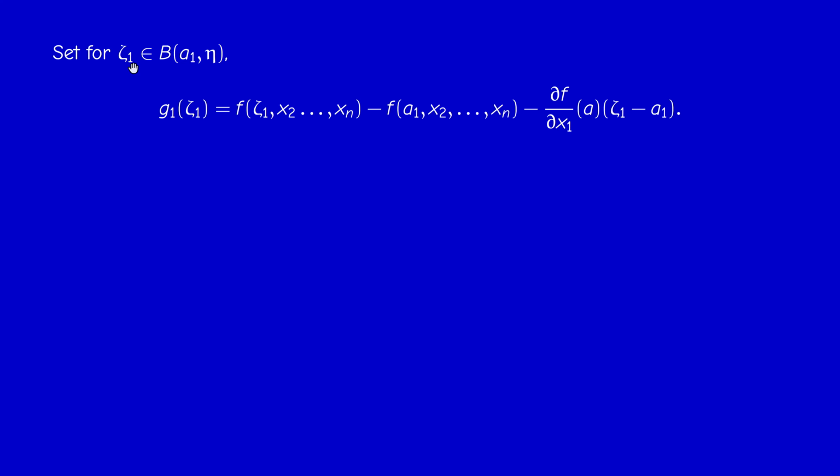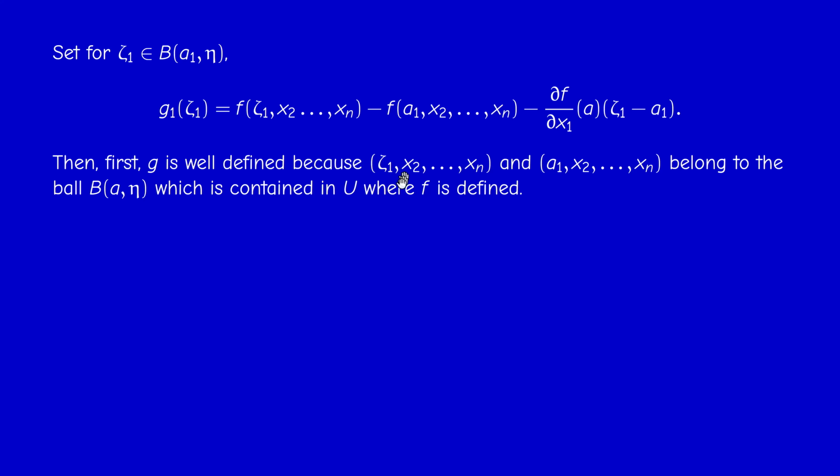But I choose also zeta1 to be sufficiently close to a1, because in this case, as you may easily check, the argument of f, which is zeta1, x2, ..., xn, belongs to the ball of center a and radius eta, as it's easy actually, because just evaluate the norm of zeta1, x2, ..., xn minus a1, a2, ..., an.